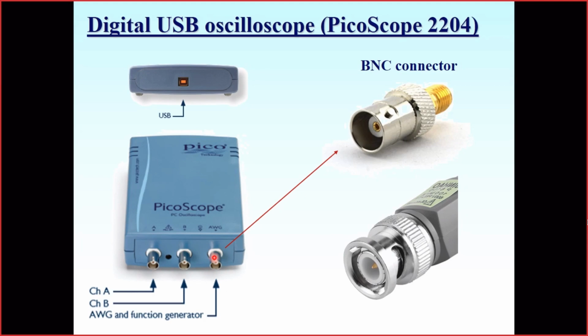All the grounds of the individual connectors within the design of one oscilloscope are connected together. So the ground of this BNC is connected to the ground of this BNC and this BNC, and they are all connected together with the ground of the scope and the ground of the USB connection.